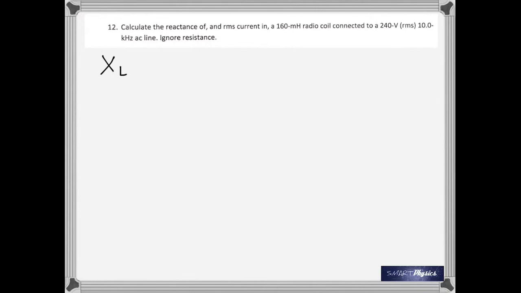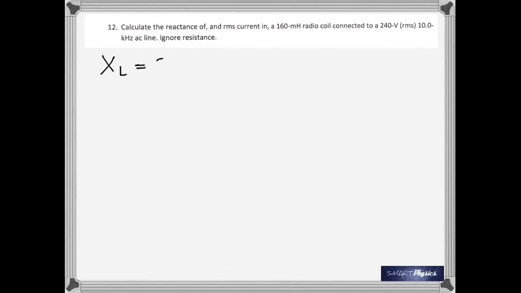In the second question, calculate the reactance and RMS current in a 160 millihenry radio coil connected to a 240 volt, 10 kilohertz AC line. You've got to calculate the reactance of an inductance.